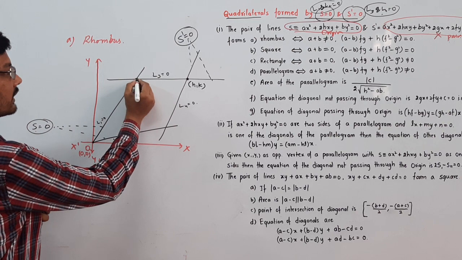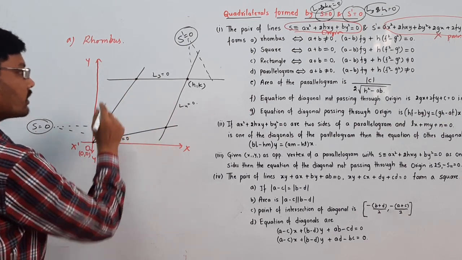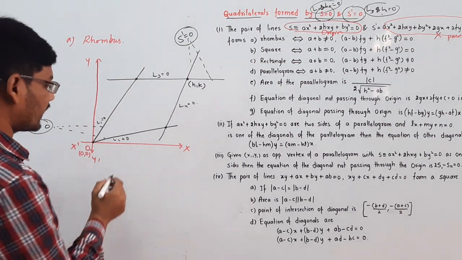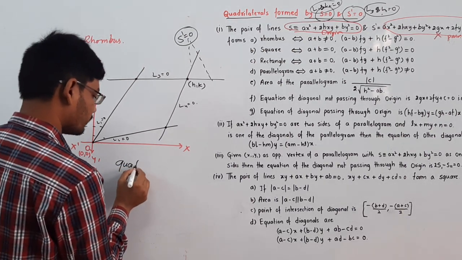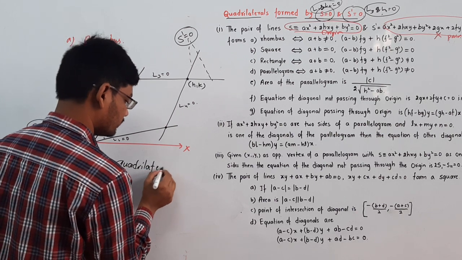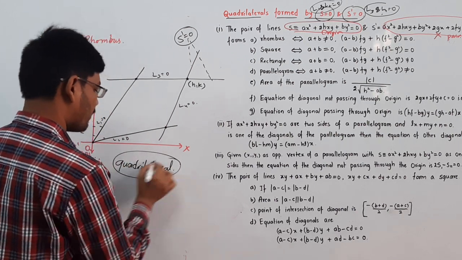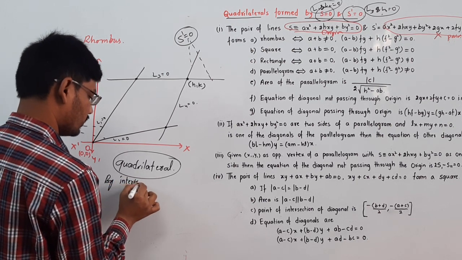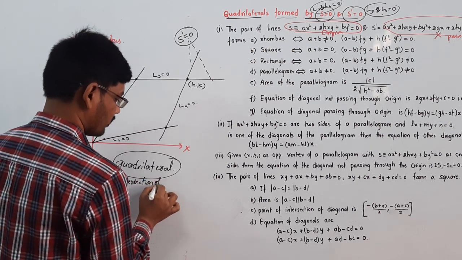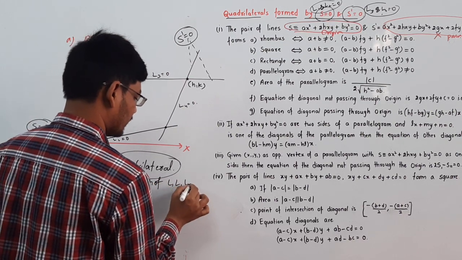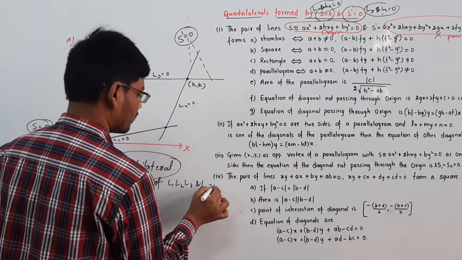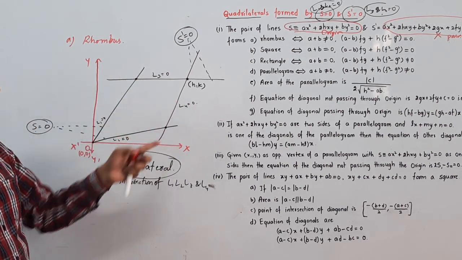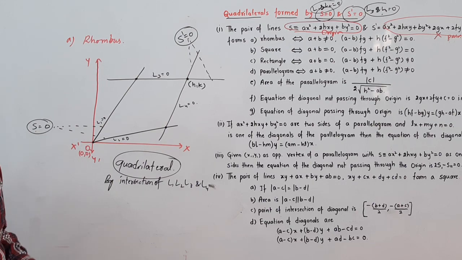So L1, L2, L3, L4, by intersection of these lines, we can frame a quadrilateral here.